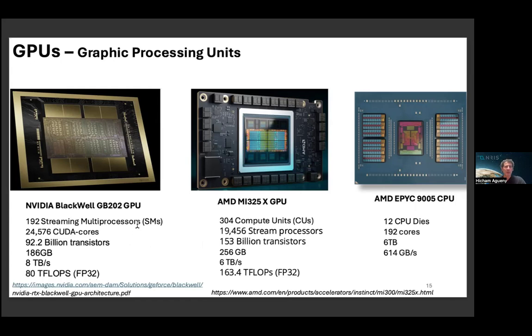The NVIDIA GPU comes with 192 streaming multiprocessors. For AMD, the equivalent is the compute unit, 304 compute units. The NVIDIA Blackwell consists of more than 24,000 CUDA cores, while the AMD MI325X has roughly 20,000 cores, or stream processors.